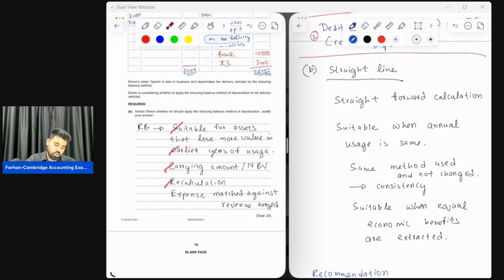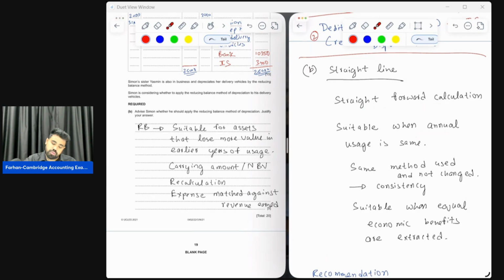If you were to discuss the reducing balance method, and then the straight line method, it is a pretty straightforward calculation, and it is more suitable for assets which we use the same, or similarly, every year, right?